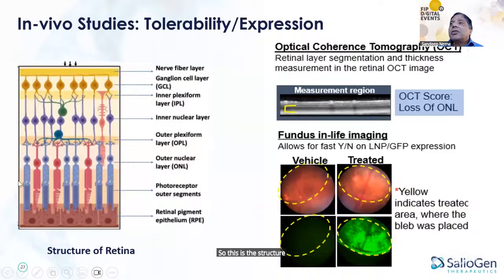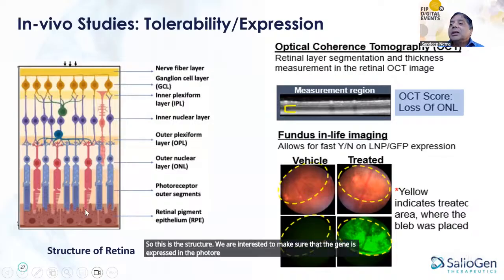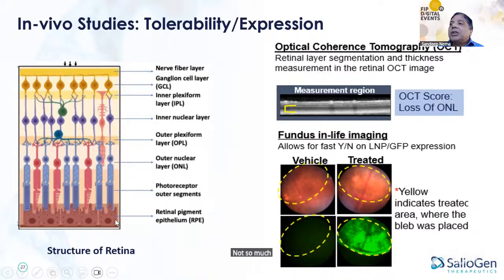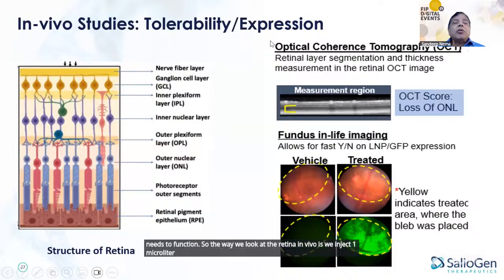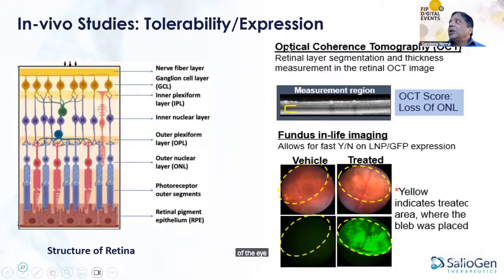We are interested to make sure that the gene is expressed in the photoreceptor, not so much in the retinal pigment epithelium, because this is where it needs to function. So the way we look at the retina in vivo is we inject 1 microliter of our formulation into the subretinal space of the eye. After the mice have been injected, over a matter of days, we look at the OCT scanning of the retina.